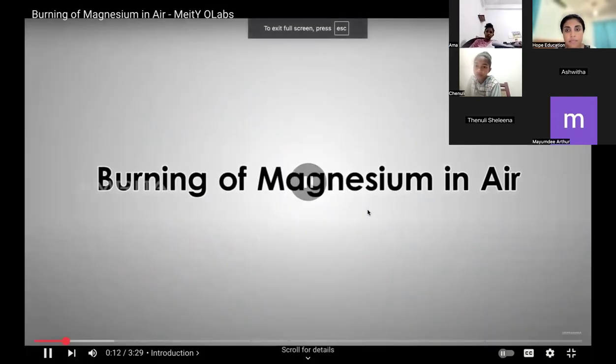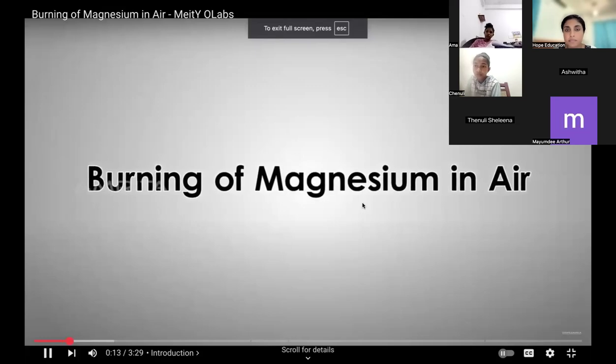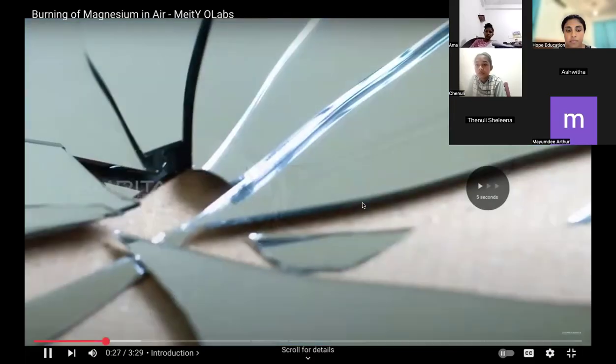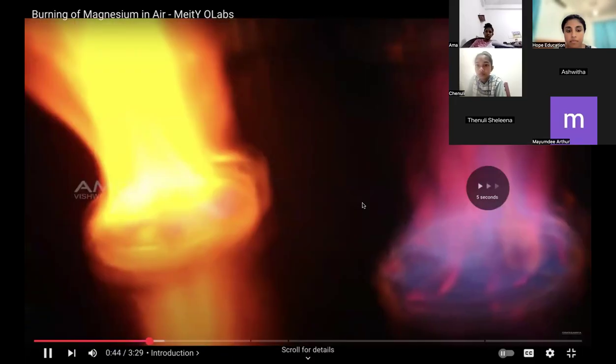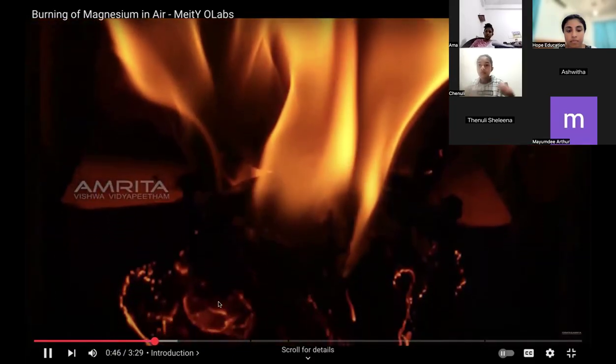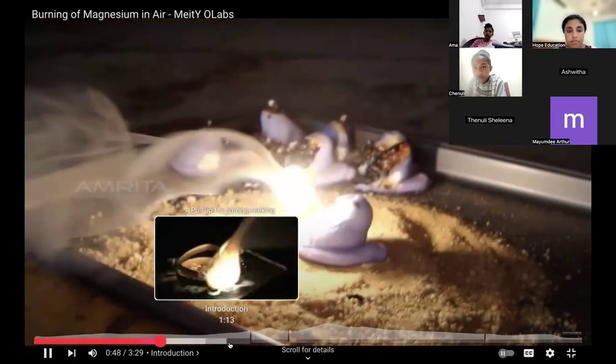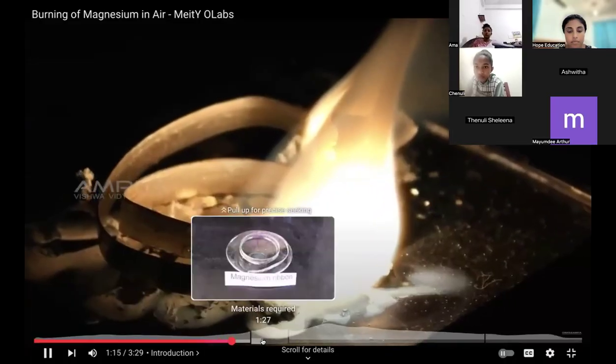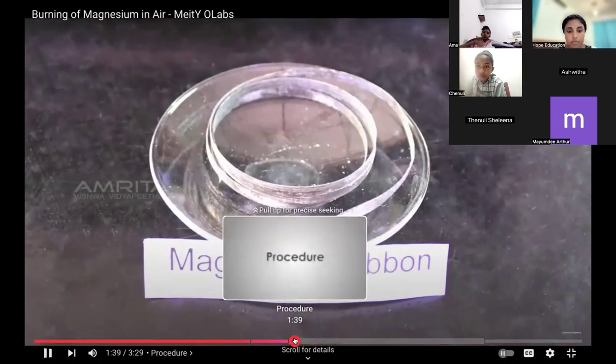Burning of magnesium in air. It is in a color or formation of a precipitate. Some examples of chemical changes are burning of action of burning magnesium.